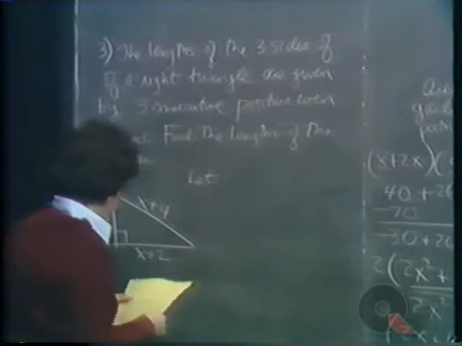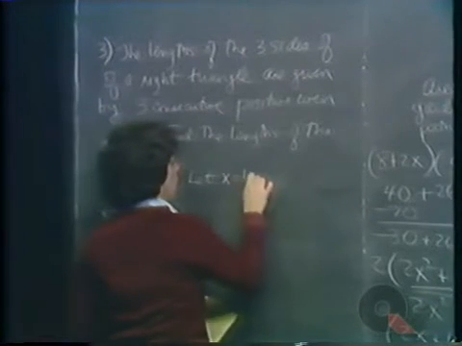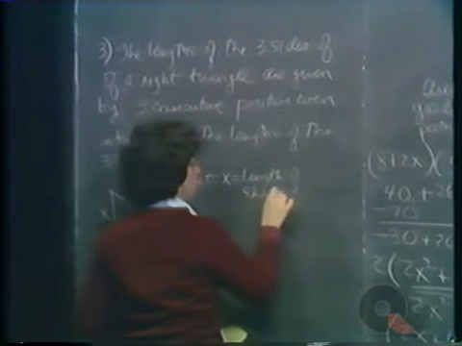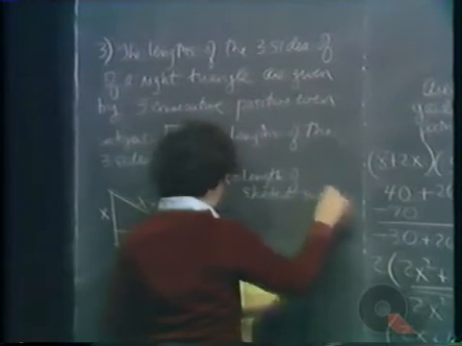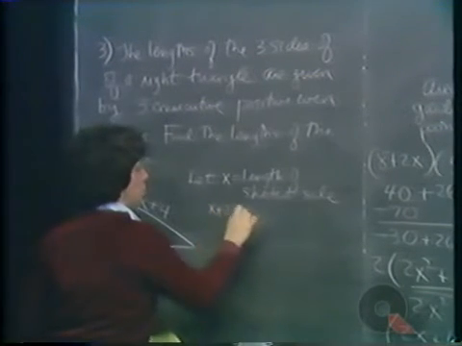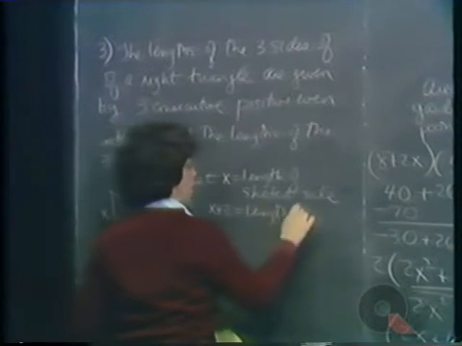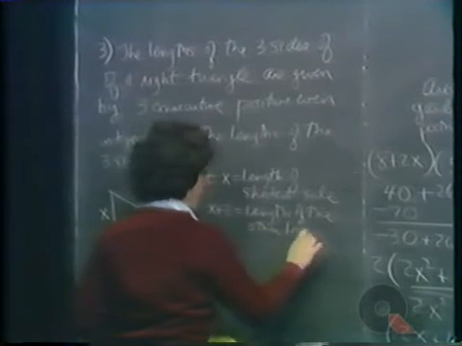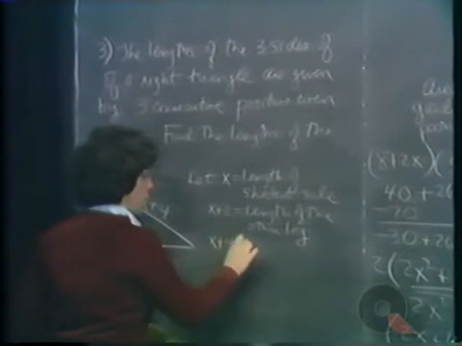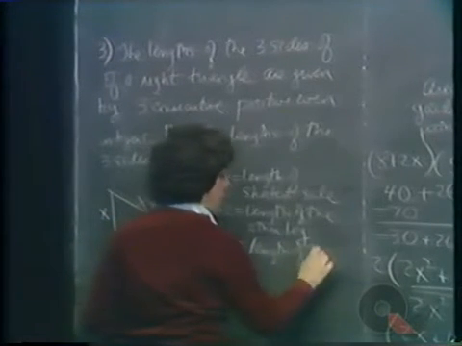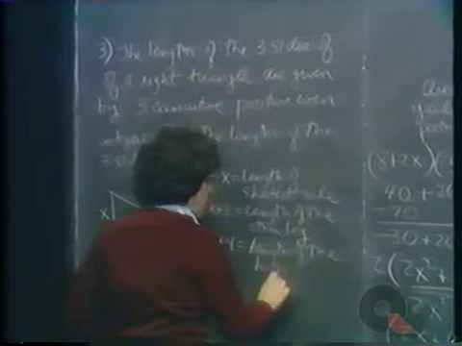Let x equal the length of the shortest side. x plus 2 is the length of the other leg, and x plus 4 is the length of the longest side, the hypotenuse.